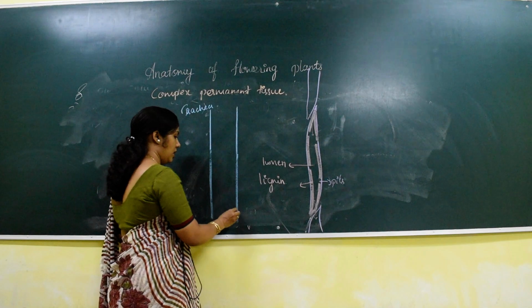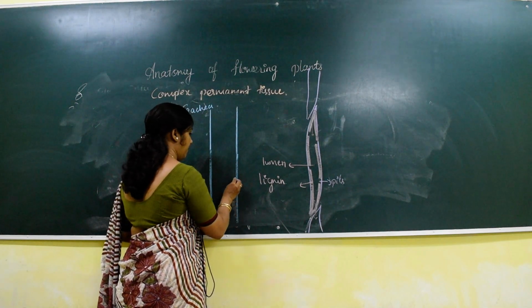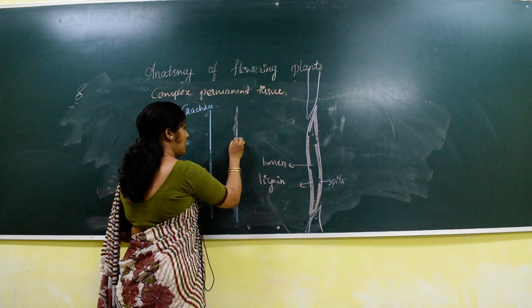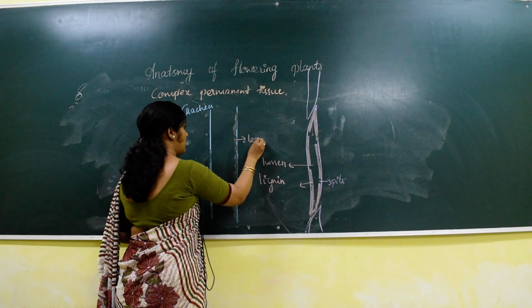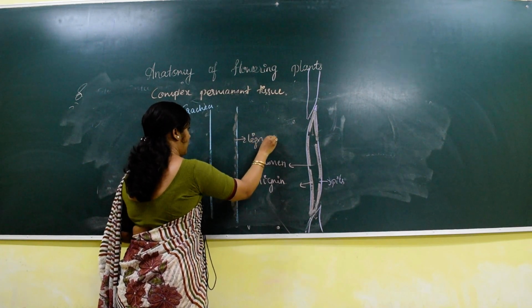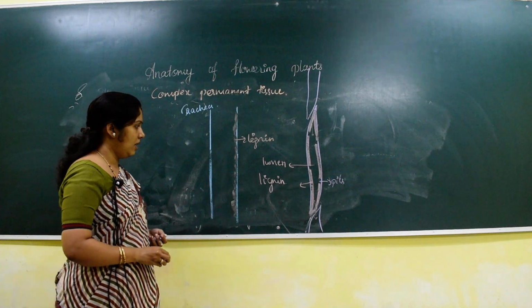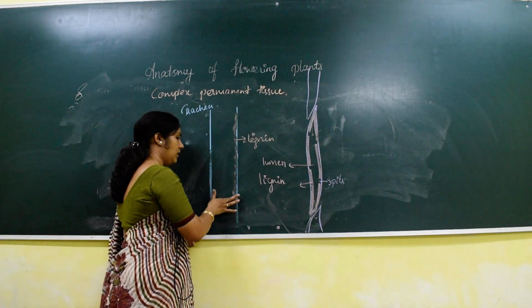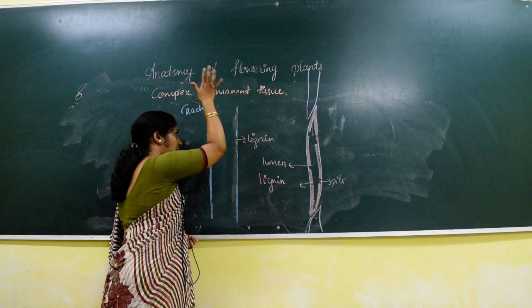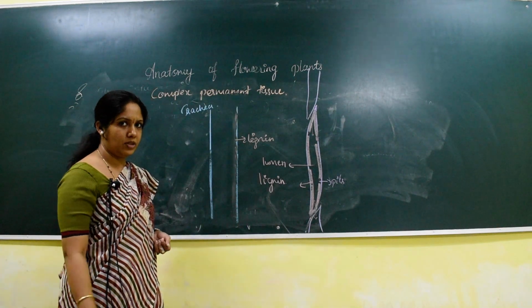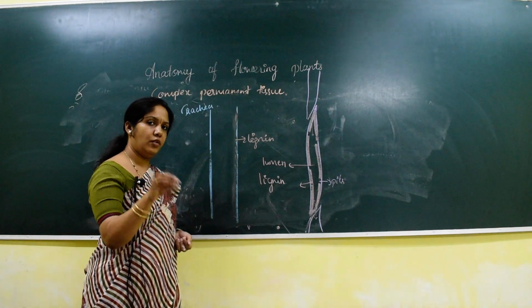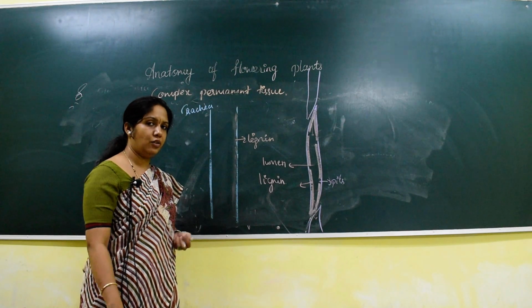The cell wall here again is very thick, due to the deposition of lignin. The undeposited area is called pits. Now, there are different types of deposition, or based on the mode of deposition of lignin, it is classified into 5 types.